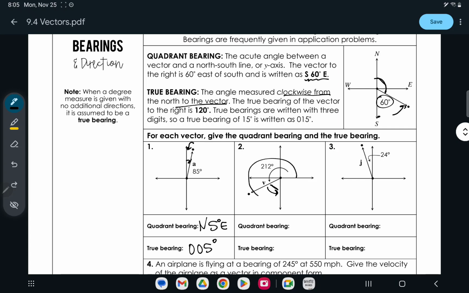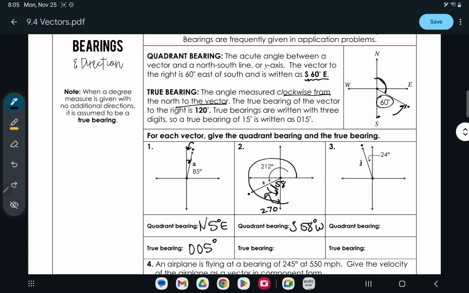From here all the way to here would be 270, so 270 minus the 212 is 58. But I'm going this way, and that direction's west, so 58 degrees west. And then I'm using the south, so it's west of south.